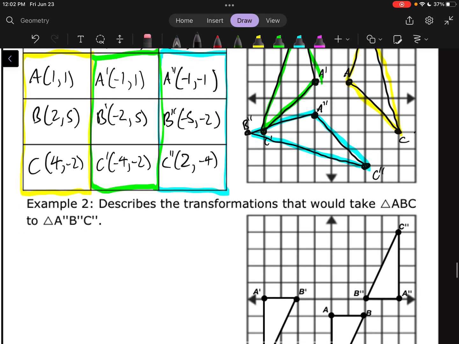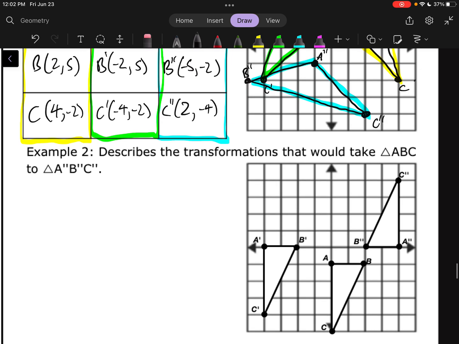Example 2 says, just describe the transformations that would take triangle ABC to A double prime, B double prime, C double prime. Okay, so where's our original pre-image? Our first pre-image is here, and it looks like we are just sliding it over there, right? We're just doing a translation.